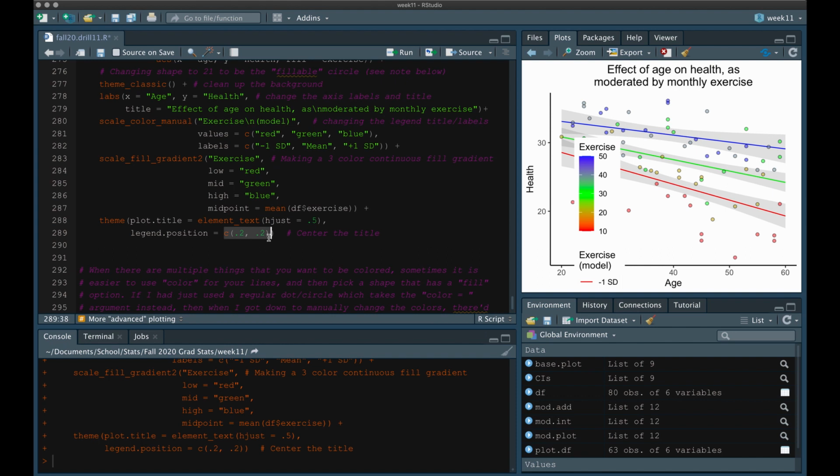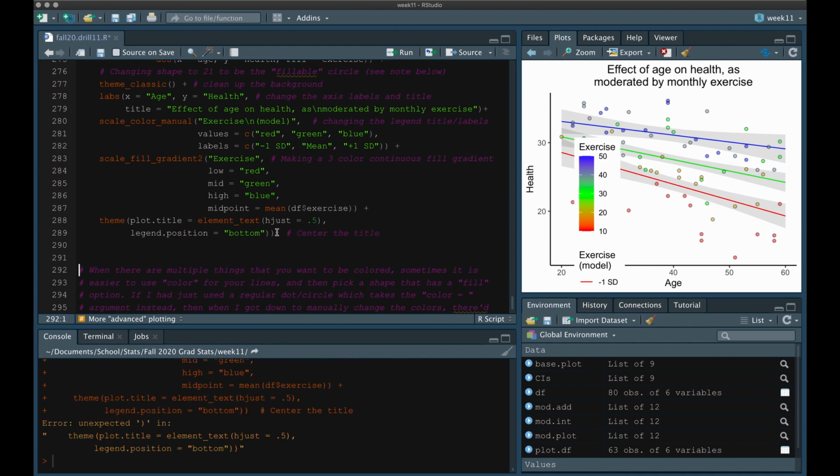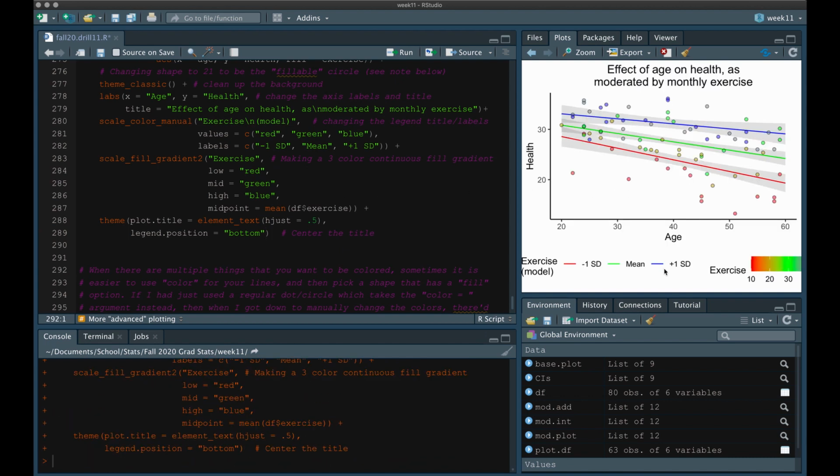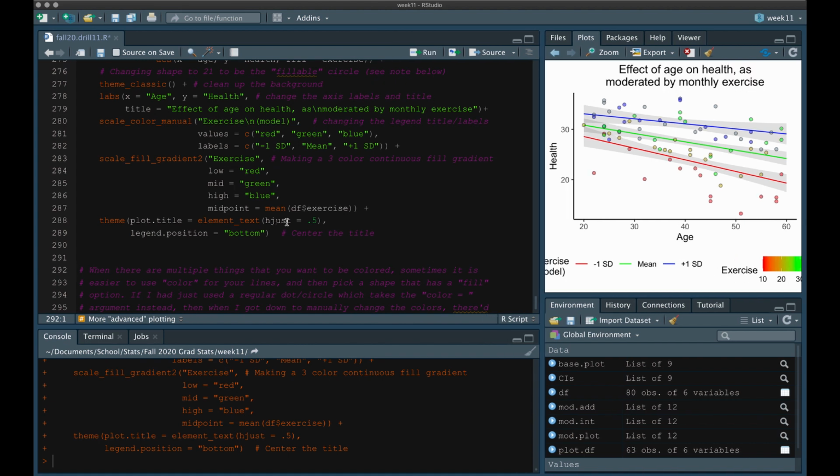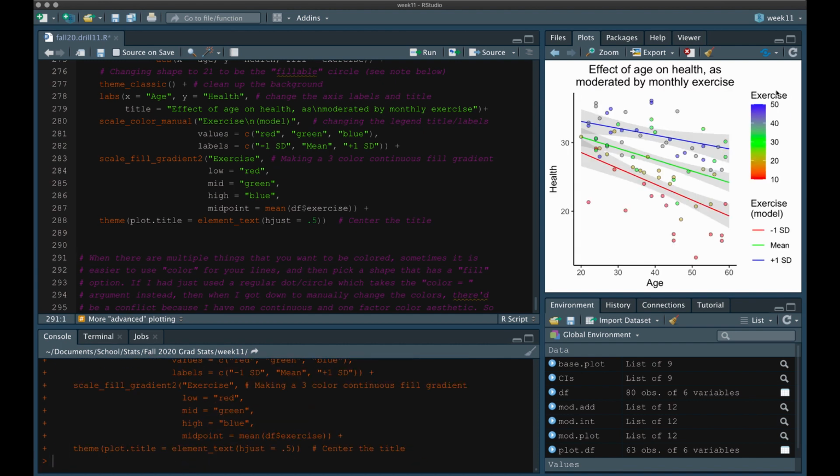You could try maybe at the bottom and see what that looks like. And now it puts it down here. There's lots of different things that you can do, but basically I don't like having all this extra white space. This particular graph just doesn't do well for really moving the legend, unfortunately.